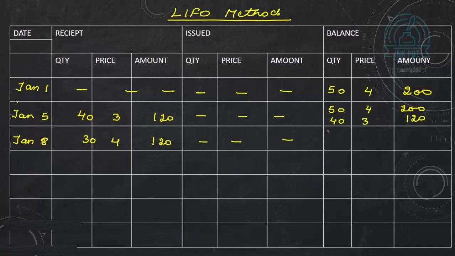Now the balance again: 50 units at the rate of 4, 40 at the rate of 3 and 30 at the rate of 4. The amount is 200, 120 and again 120. So now the next is Jan 10.